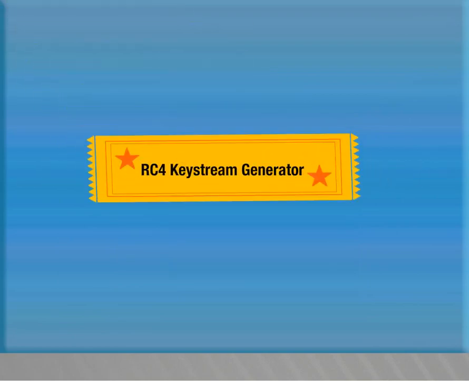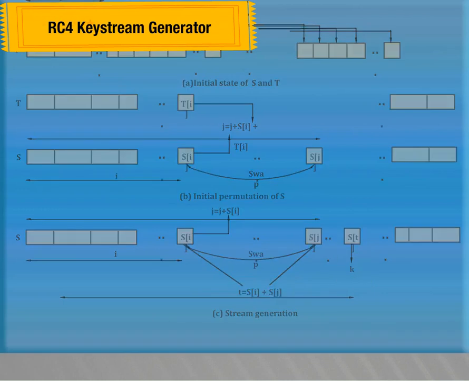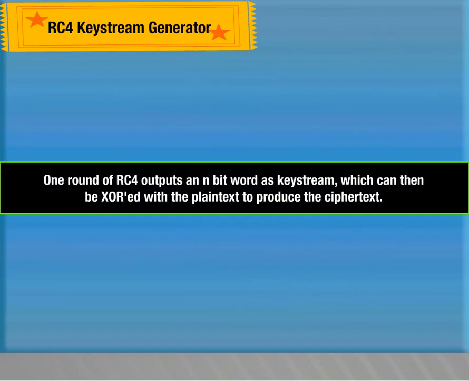RC4 key stream generator. The RC4 key stream generator works by continually shuffling the permutation stored in S as time goes on, each time picking a different value from the S permutation as output. One round of RC4 outputs an n-bit word as key stream, which can then be XORed with the plaintext to produce the ciphertext.